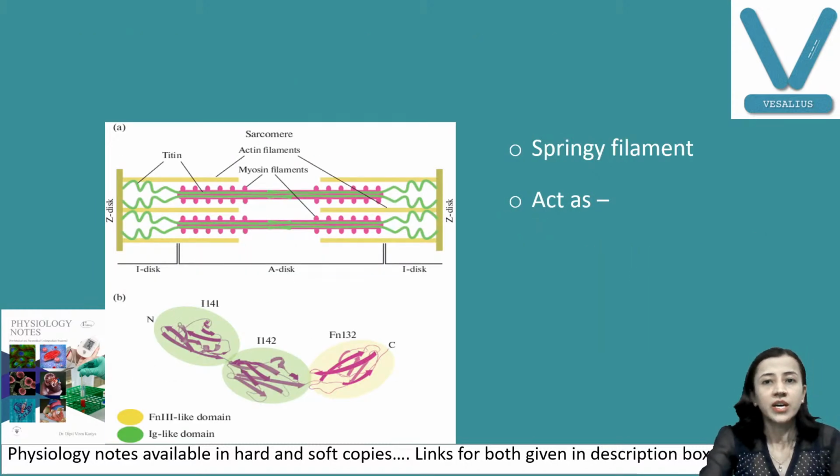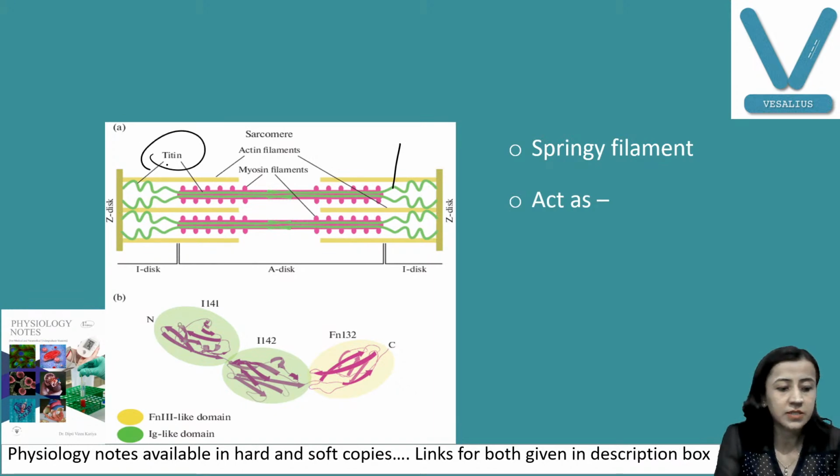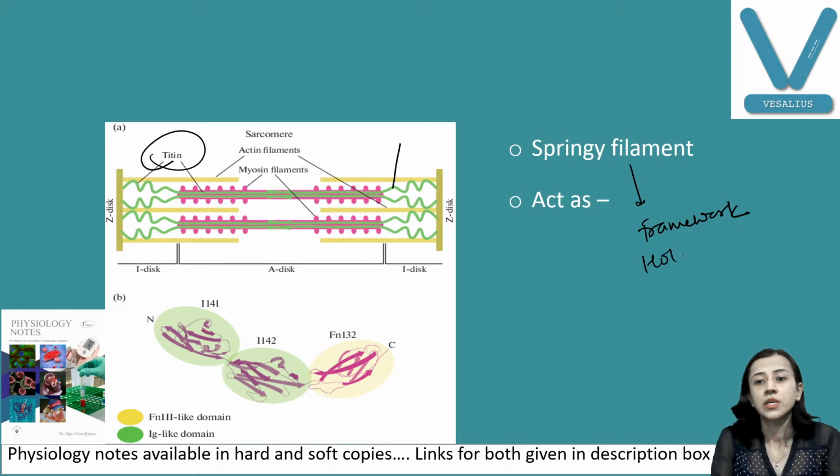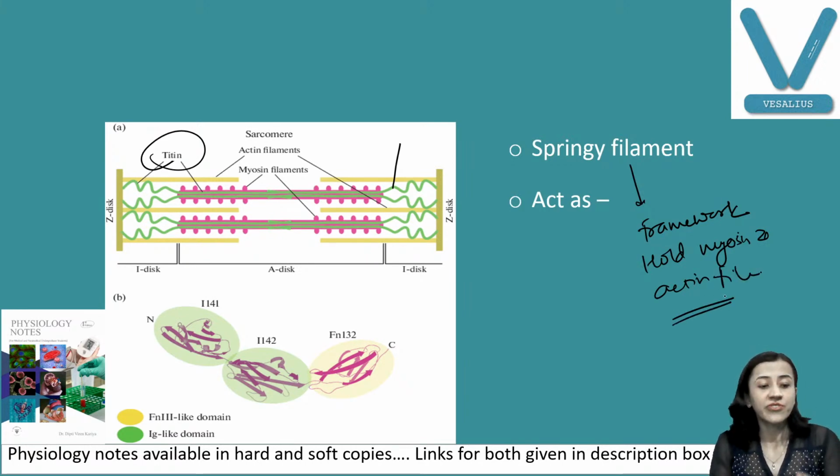Now again you can see here, these are the titin molecules. These are like springy filaments. What is the action of the springy titin molecules? They act as a framework, and by making the framework, they hold myosin and actin filaments in their own place, and therefore the contractile mechanism is also managed.